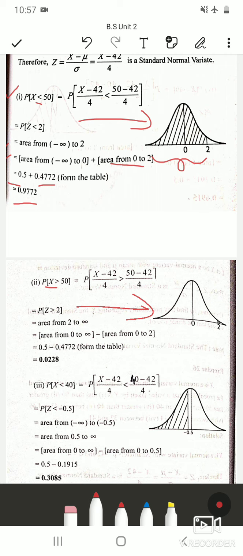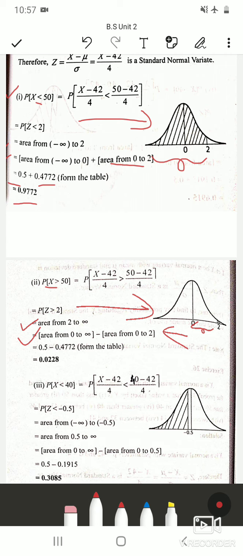So now you have to find the area from 2 to infinity. How can you do that? We know the area from 0 to infinity. If you subtract this area, then we will get the remaining area, which is 2 to infinity. So the area from 2 to infinity can be written as the area from 0 to infinity minus the area from 0 to 2.